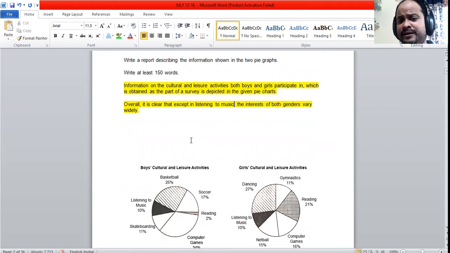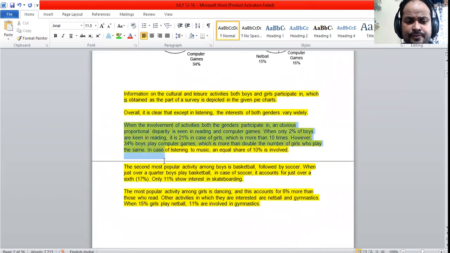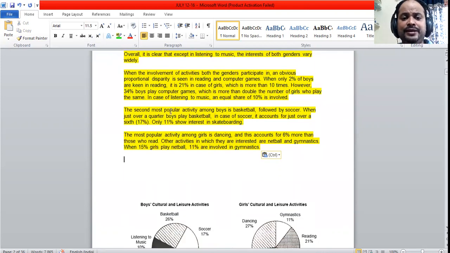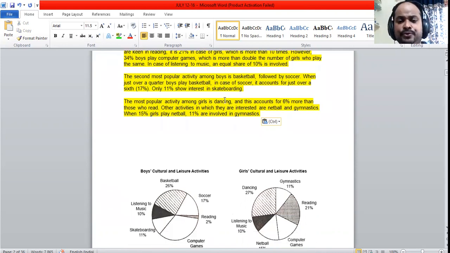Now I have to move further. When it comes to the activities both genders participate in, an obvious proportional disparity is seen in reading and computer games.